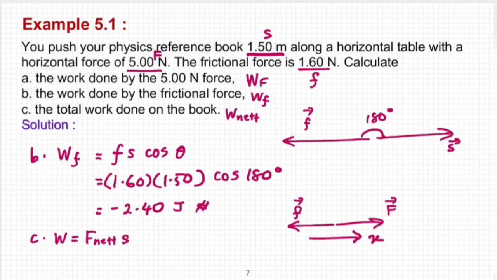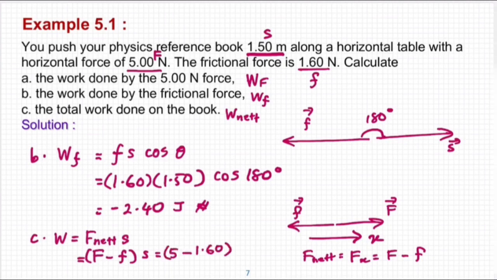So from here we can see that if we find the total net force for the X component, we will get 5 Newton force F minus the frictional force. And then we can substitute our net force into the work equation times the displacement and then substitute in our values. So 5 minus 1.60 times 1.50, which will give us 5.10 joule.